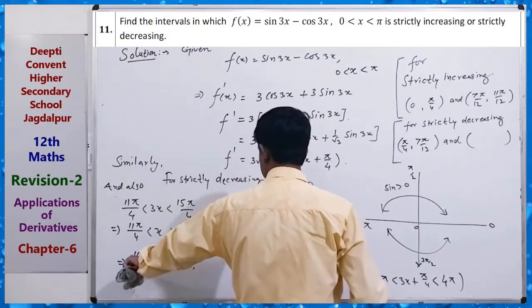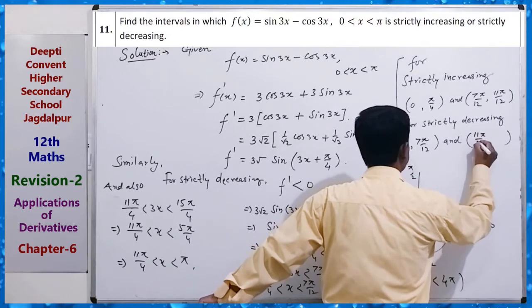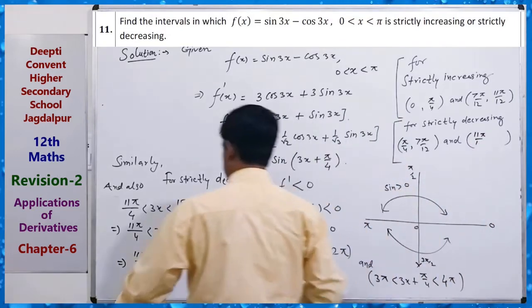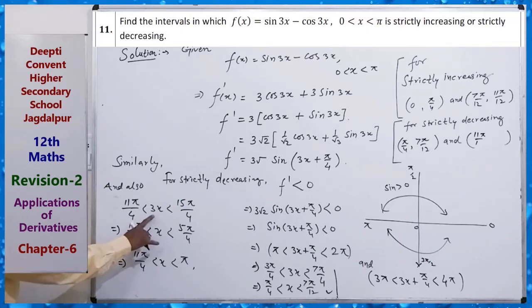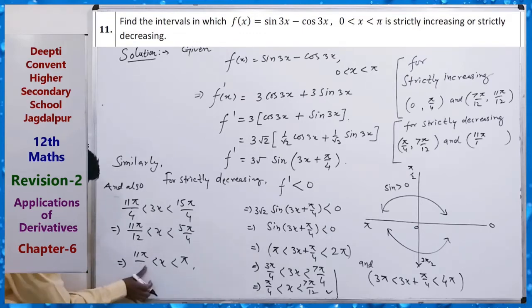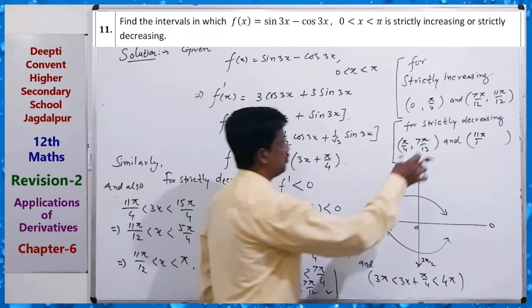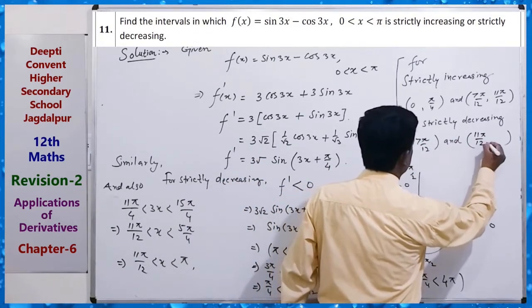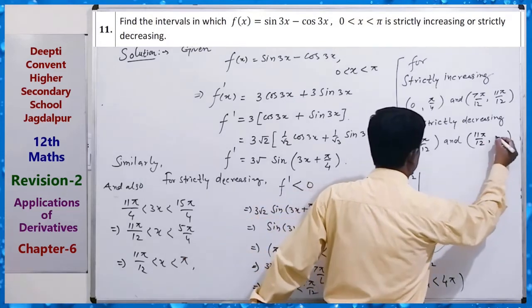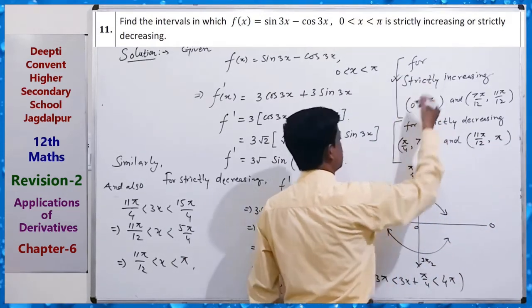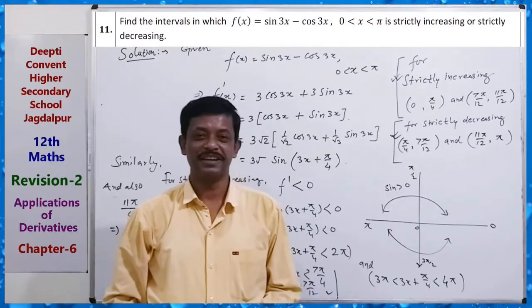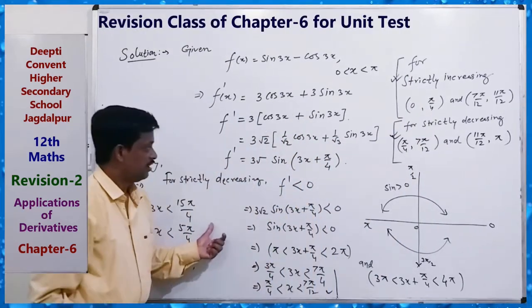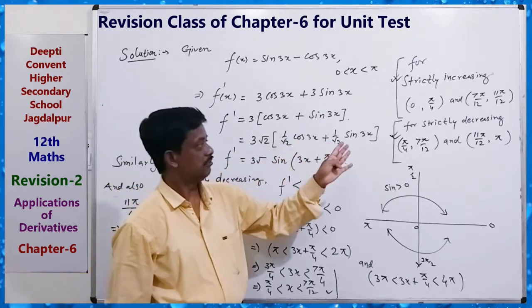So we also get the interval 11 pi by 12 to pi. So these are the intervals for strictly increasing and for strictly decreasing.